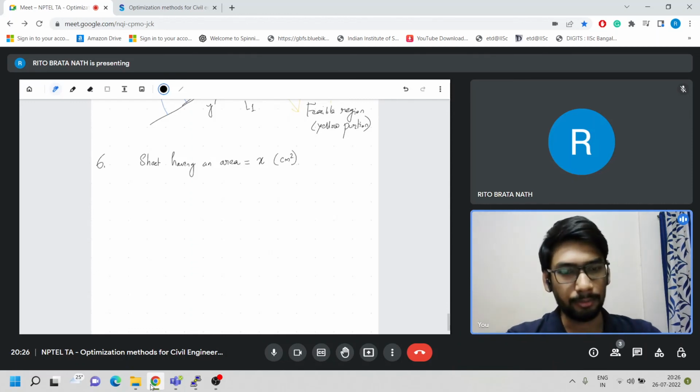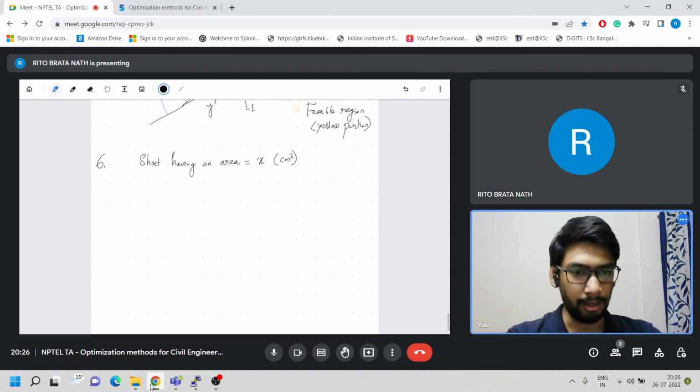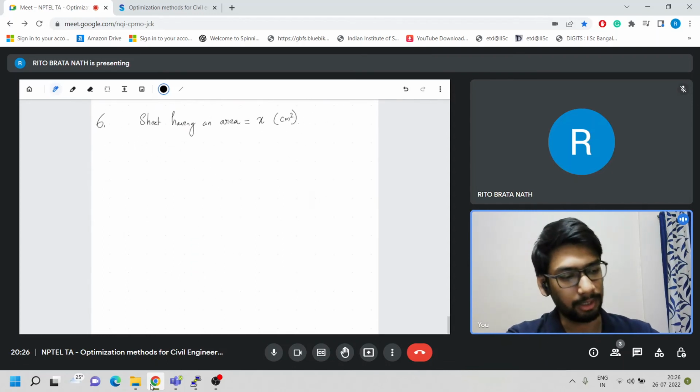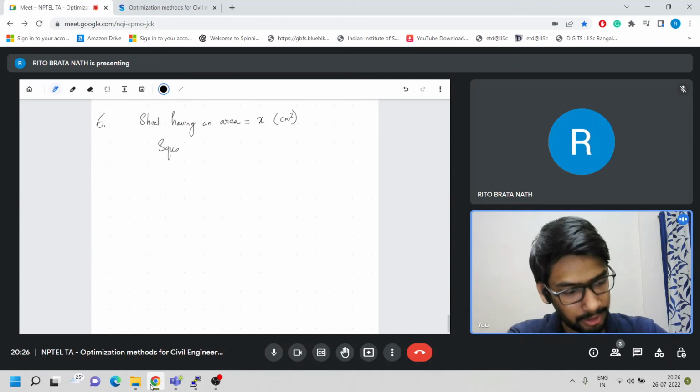Then using this sheet, I tell you that you have to form a jar or something with a square base. So suppose the base will be square, and then without a top. So your top portion is empty.